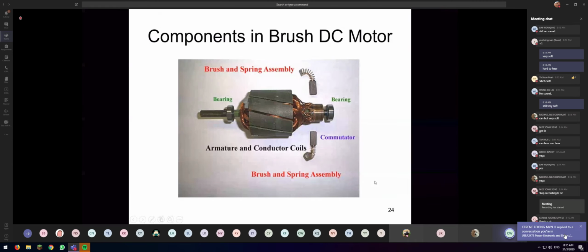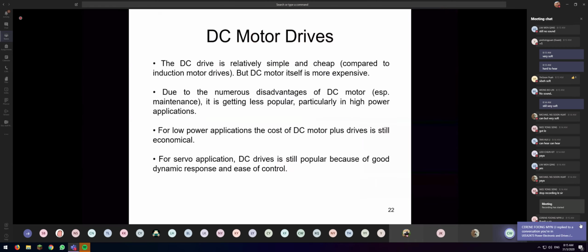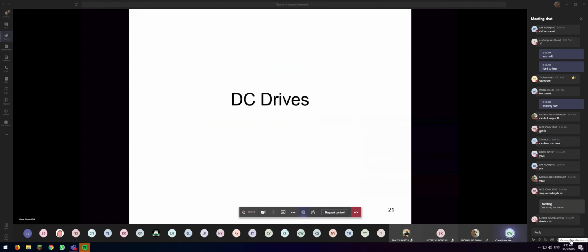Okay. So for today's lesson, I will continue my discussion, starting from the DC drive. When you talk about the DC drive, you need to make it clear there are two parts. When you talk about the motor itself, normally that is the body of the motor, like the armature, its winding, armature resistance, armature inductance.